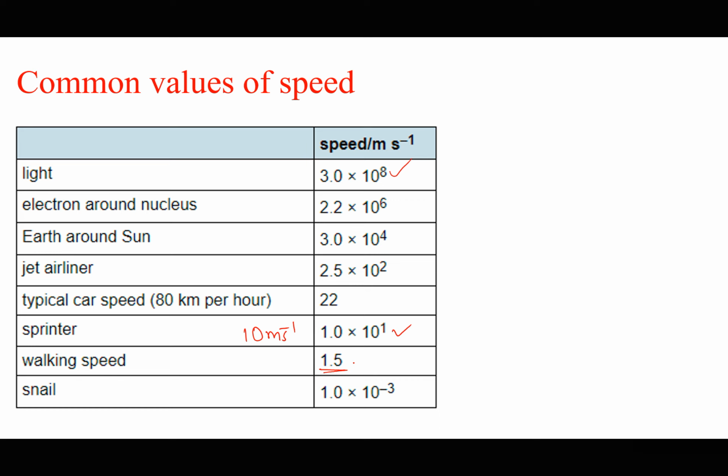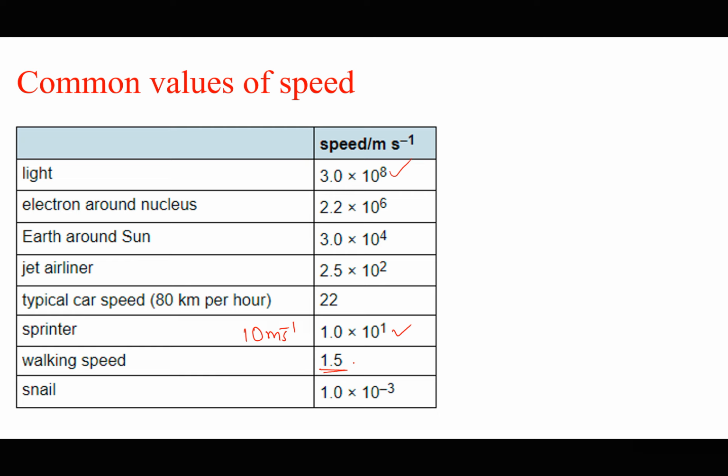A normal person has a stride of approximately between 80 and 100 centimeters, so you are expected to make almost 1.5 strides in 1 second. That is the normal walking speed, about 1.5 meters per second.